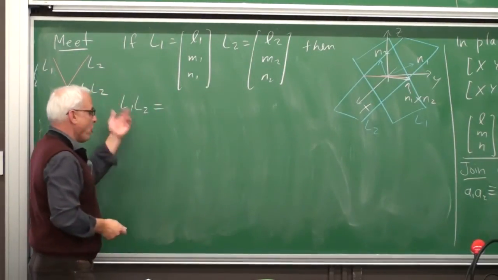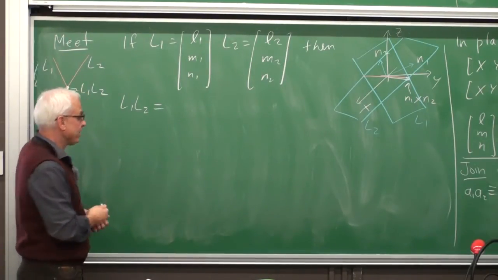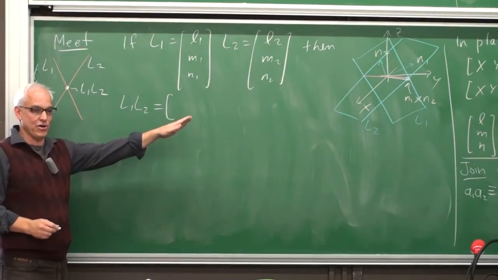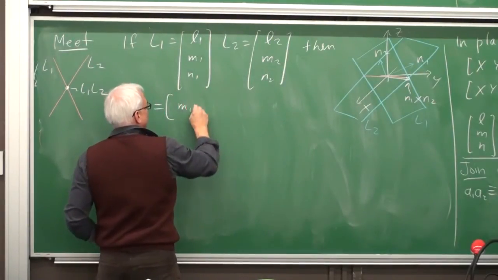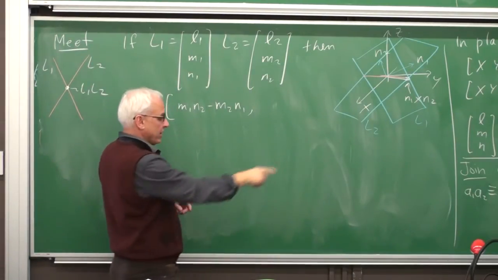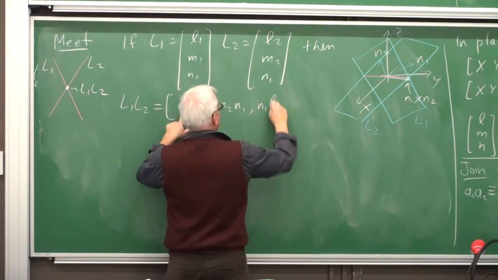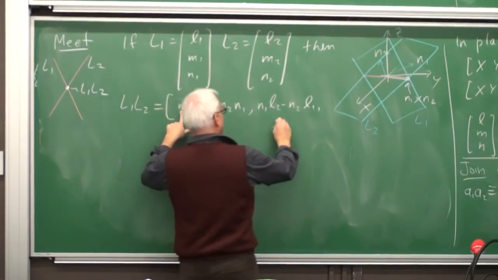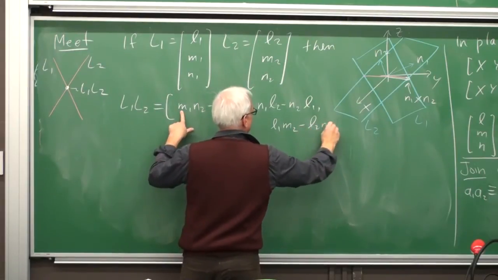So the formula is really the same formula as for the join of two points, except that now we're getting a point. So we're getting a row vector, not a column vector. So we have to do the same business. So m1 n2 minus m2 n1, first entry. And then we have to rotate everything cyclically, just like we did there. So n1 l2 minus n2 l1, and then l1 m2 minus l2 m1.